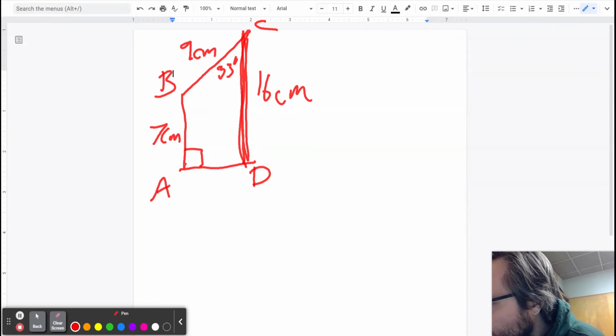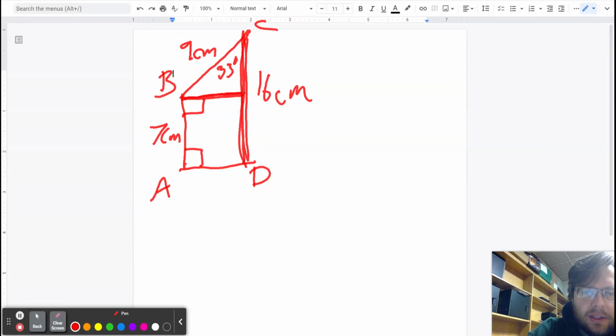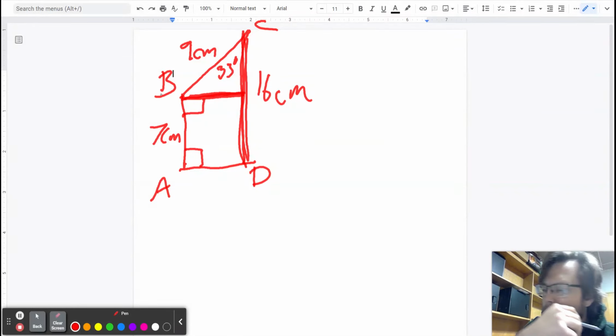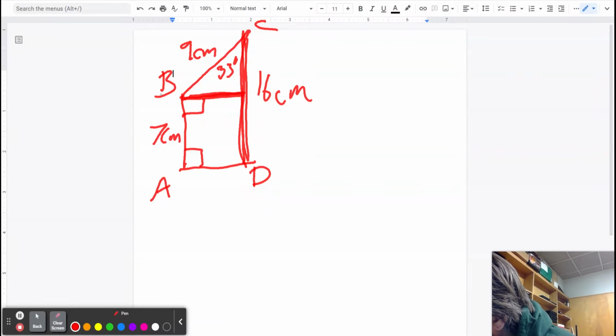Great. So a couple different ideas for how we could do this. They want us to find the area and the perimeter, by the way. So here's one idea. If I add an extra line right here, that's also at a right angle, then this is going to be, well, I guess I don't know that.